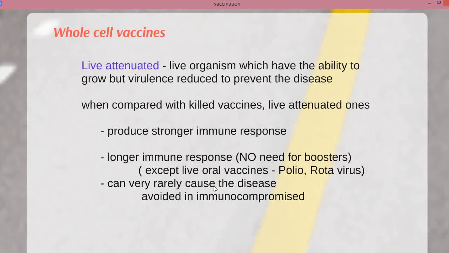Live vaccines can very rarely cause the disease, especially in immunocompromised children. Because it's a live organism, it has been weakened, but when it is given accidentally to an immunocompromised child, even the weak organism may get activated and cause the disease because the host immune status is severely compromised.